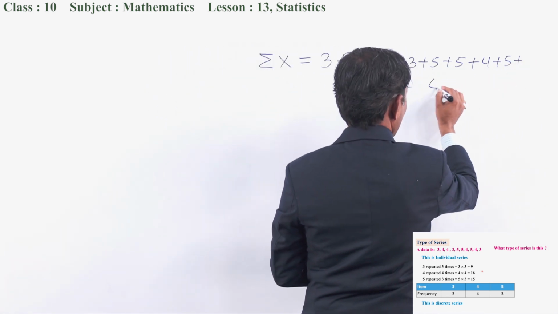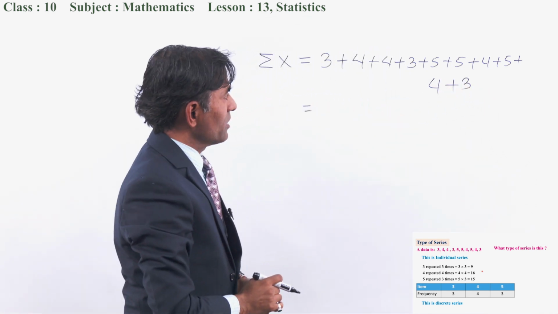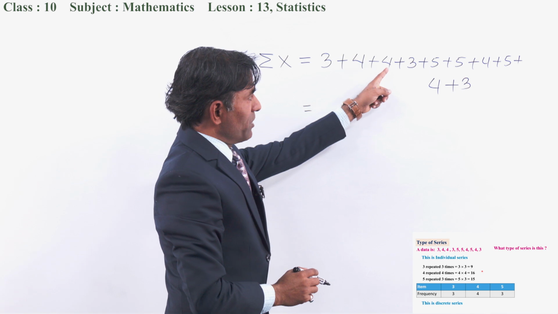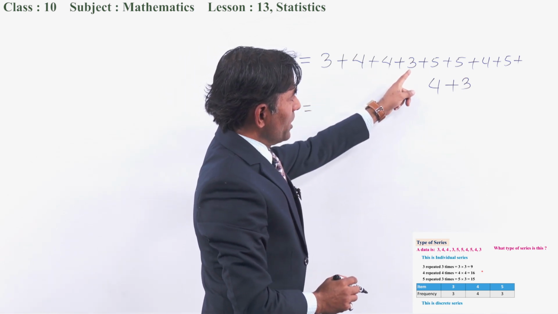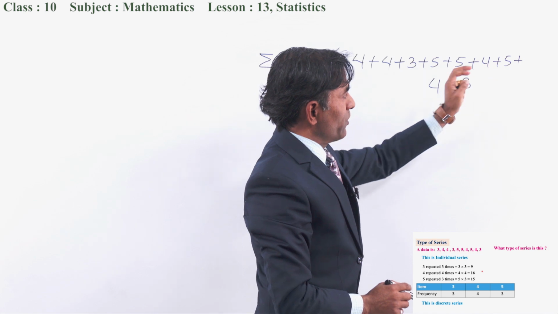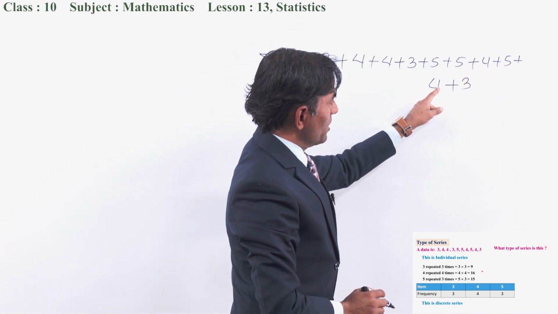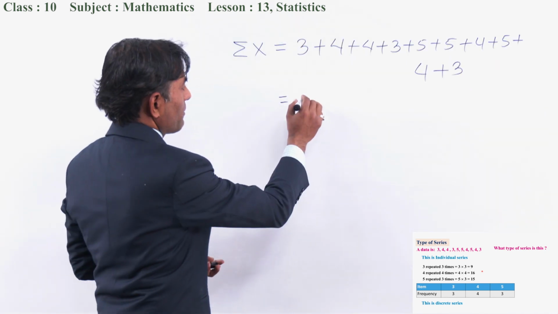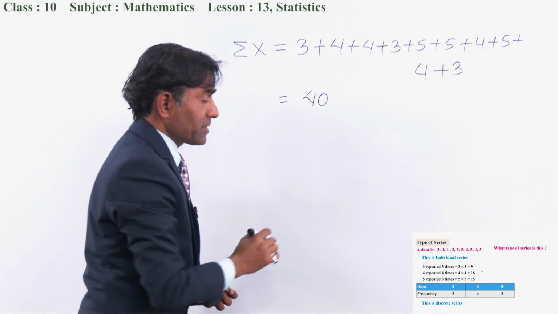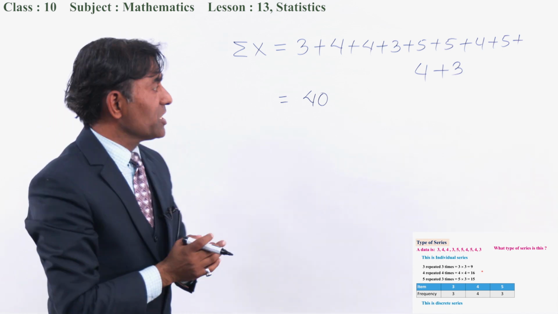The total: 3 plus 4 is 7, 7 plus 4 is 11, 11 plus 3 is 14, 14 plus 5 is 19, 19 plus 5 is 24, 24 plus 4 is 28, 28 plus 5 is 33, 33 plus 4 is 37, 37 plus 3 is 40. So the summation of x, the sum of the given data, is 40.